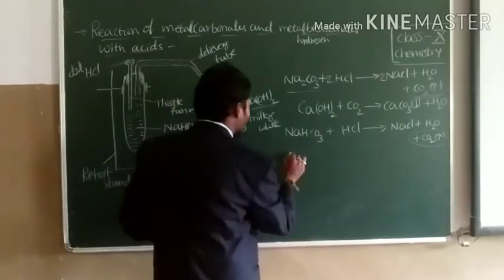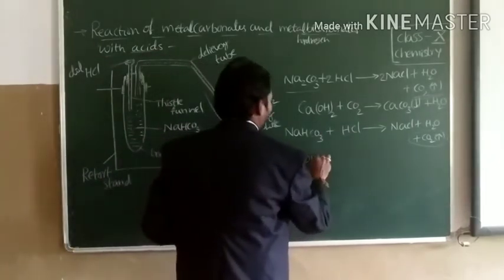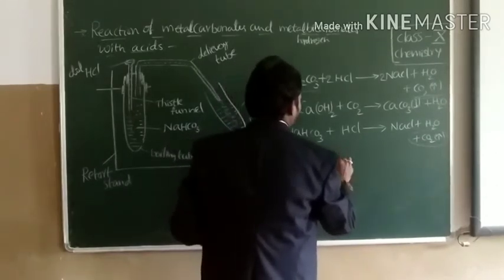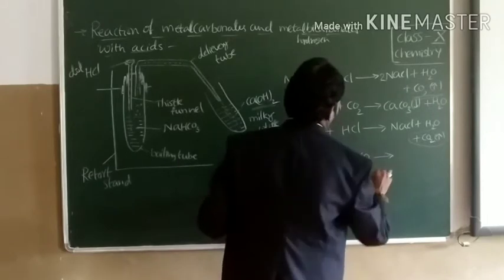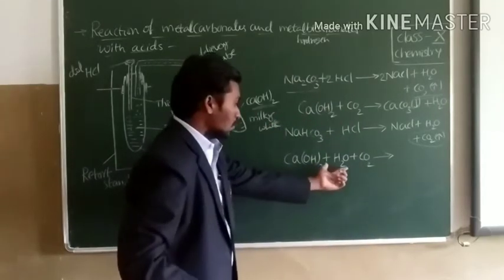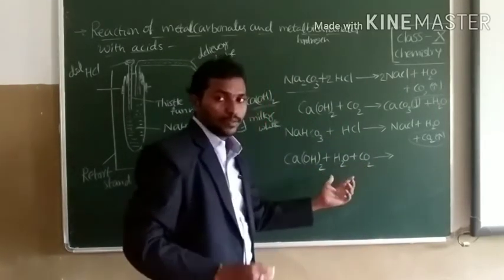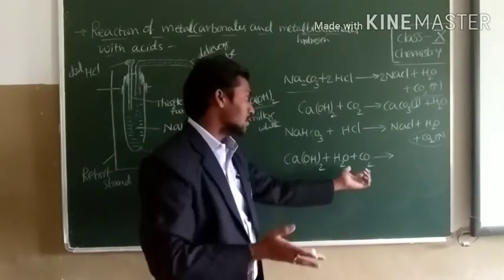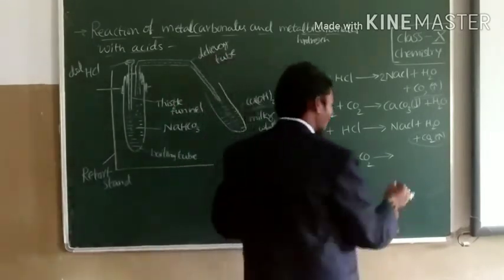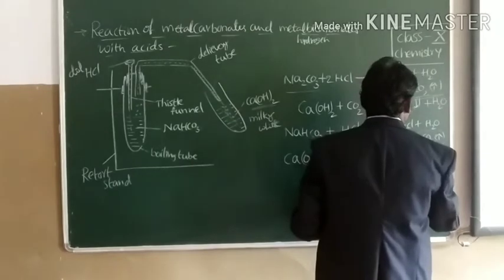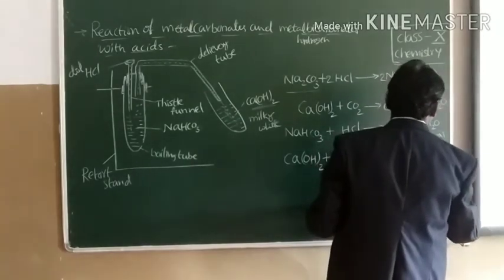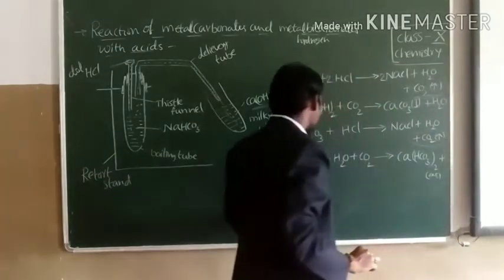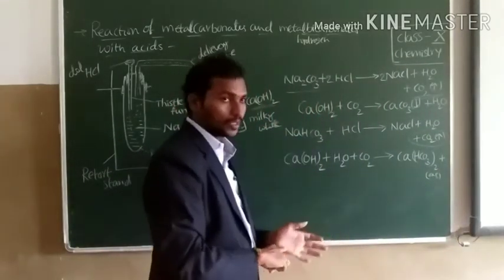Let us see the equation children. Ca(OH)2 plus aqueous carbon dioxide, in excess, forms Ca(HCO3)2, calcium bicarbonate. Let us verify the equation.